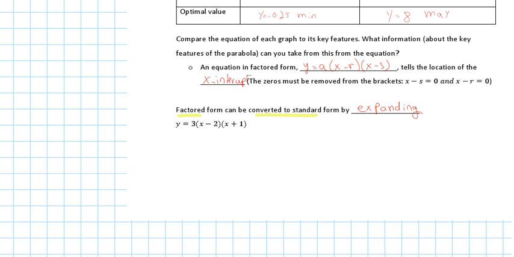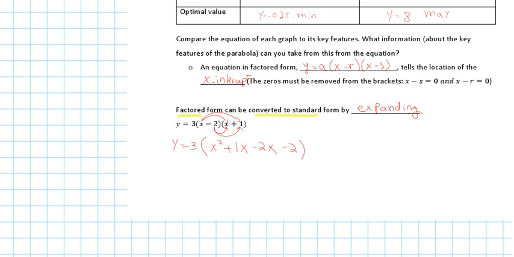What's the first thing I have to do? X times x, then x times positive 1x, then negative 2 times x is negative 2x, and then negative 2 times 1 is negative 2.